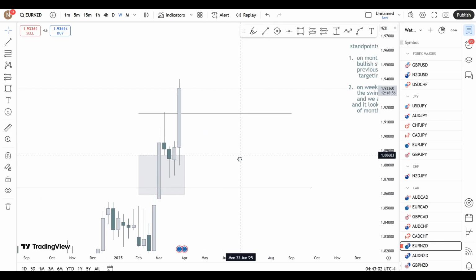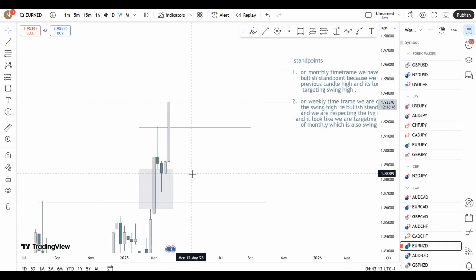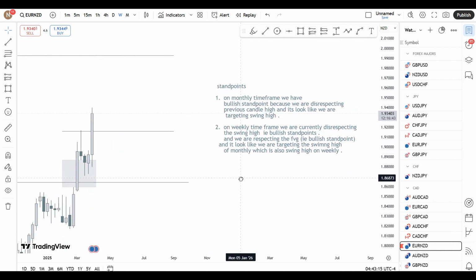Okay, so go in the lower time frame and check. If we are fulfilling the lower time frame criteria, then this is a respect candle. If we are not fulfilling that lower time frame criteria, then consider it as a disrespect candle. Currently we are respecting this because on the lower time frame we have a fair value gap in and fair value gap out. This is your work, you can check by yourself also.